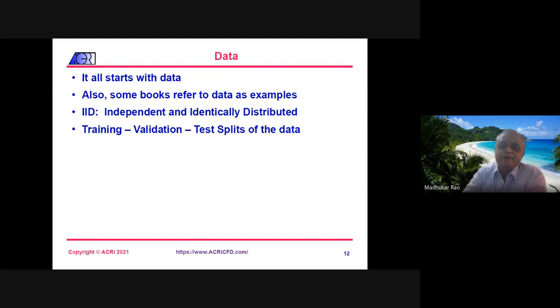Now I'll just mention a few things about the data. It all starts with data. Some books refer to data as examples, in case you read up more on the subject. You will also come across a terminology called IID, which stands for independent and identically distributed data.